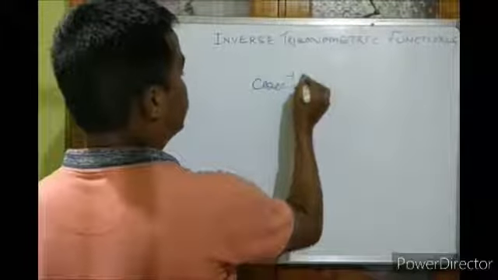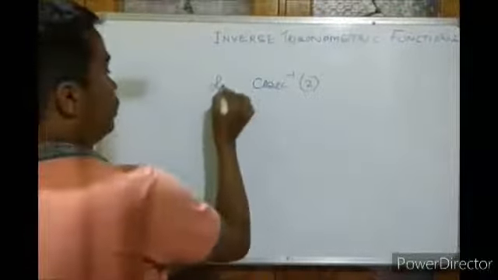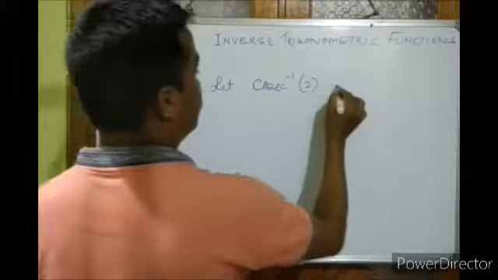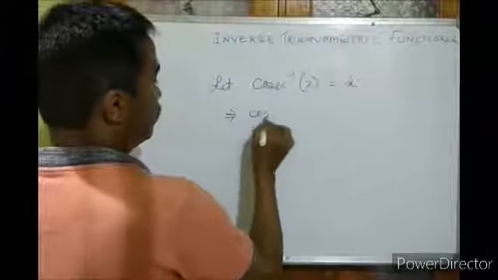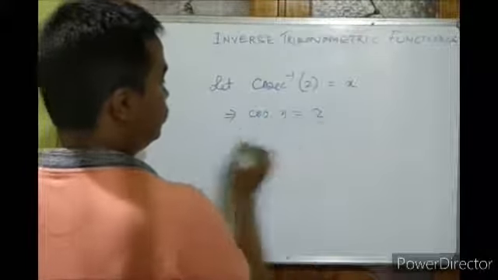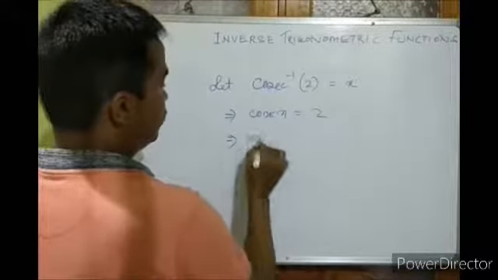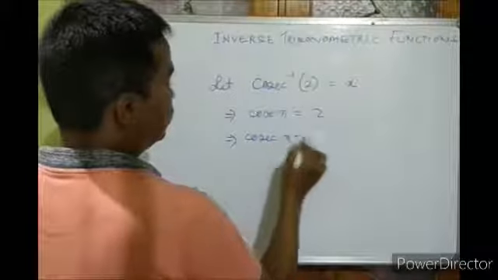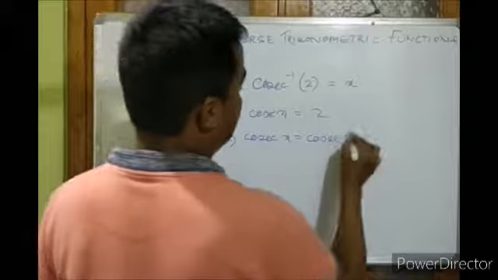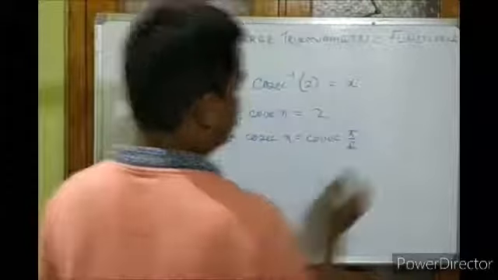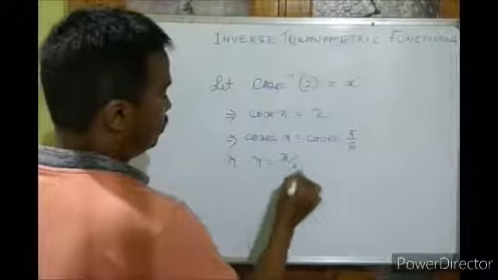Let us try another one. Find the value of cosec inverse 2. So we let cosec inverse 2 be equal to x. This implies cosec x is equal to 2, so cosec x is equal to cosec pi by 6. This implies x equals pi by 6.